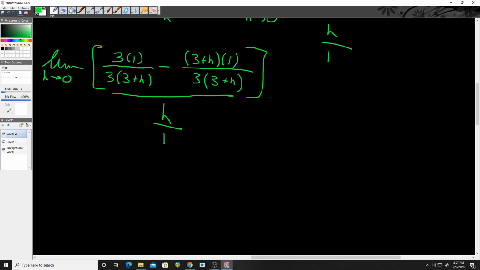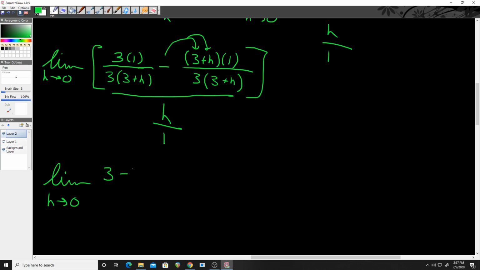And I'm just going to come down. Okay, so the numerators, right? So that's going to be 3 times 1 is 3, minus, and then 3 plus h times 1 is just 3 plus h, but we have a minus, so distribute the negative.